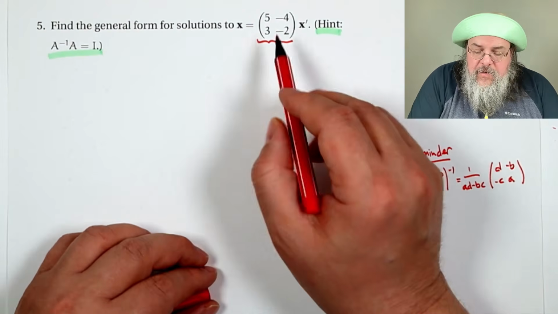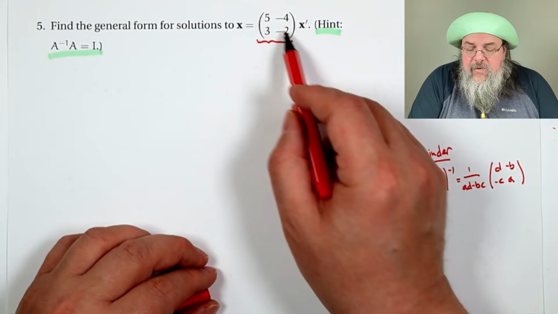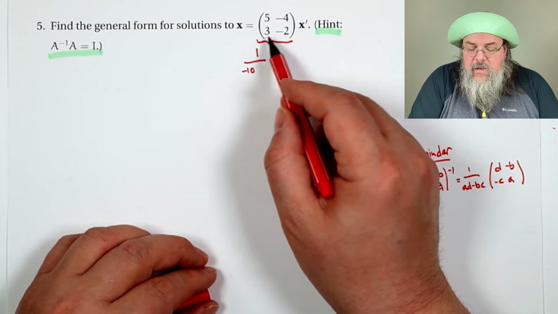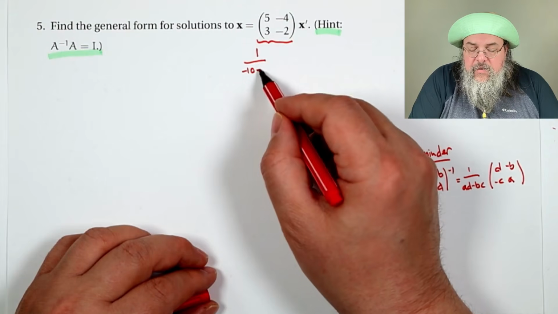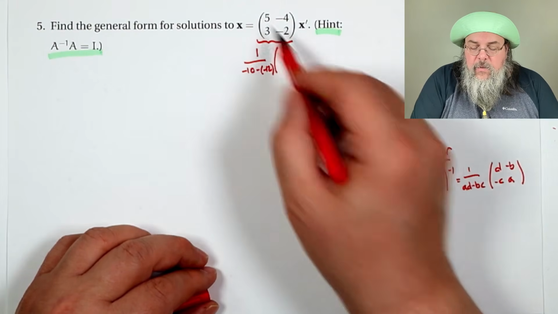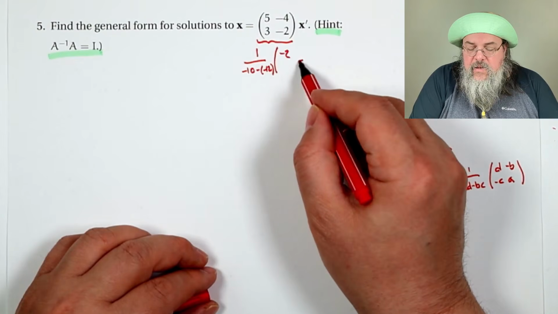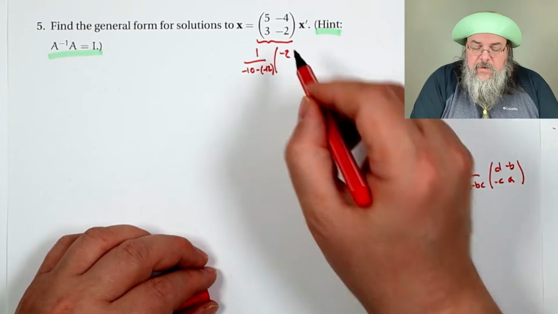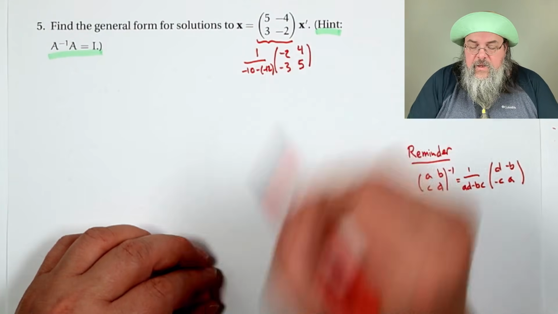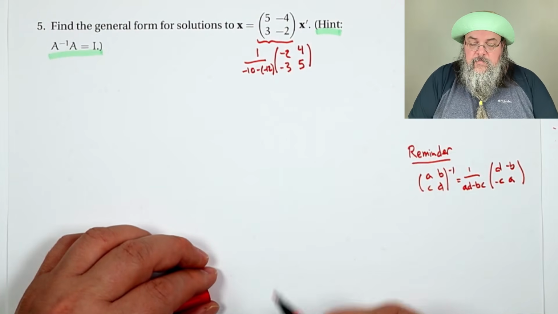So we say, okay, the inverse here, we'll take 1 over minus 10, and then minus 12, minus 12. Then we're going to swap the entries on the diagonal, and flip the signs in the off diagonal. All right, that's our inverse.